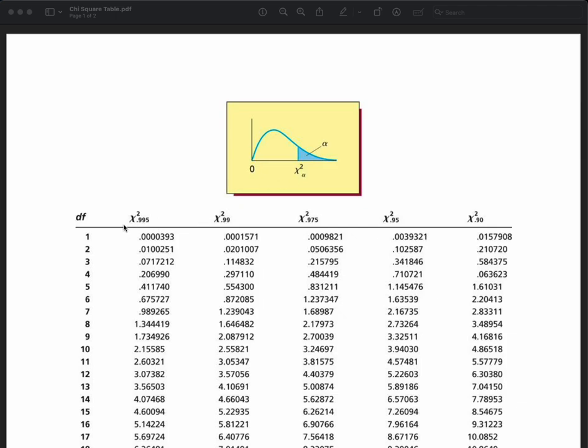So if you have here chi-square sub 0.995, then all these chi-squared values under this column have an area of 99.5% to the right. And the different rows pertain to the different possible values for the degrees of freedom, which is again k, or the number of groups being compared, minus 1.